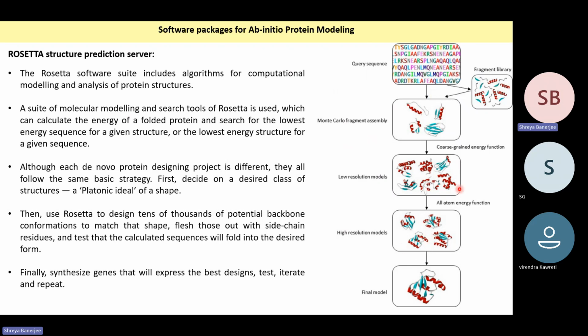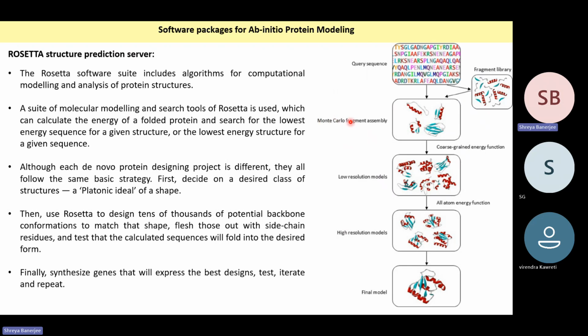Eventually, through different energy functions, we will reach one structure, which is the lowest energy possible structure of this sequence. Or if we are starting with a structure, then we will find the lowest energy sequence possible for that structure. So the Rosetta method is based on minimizing the energy.